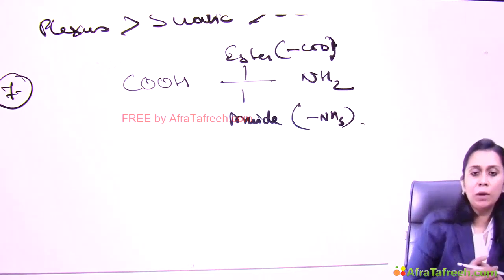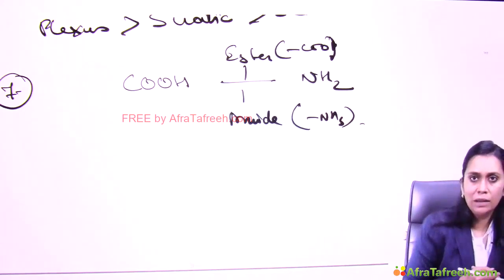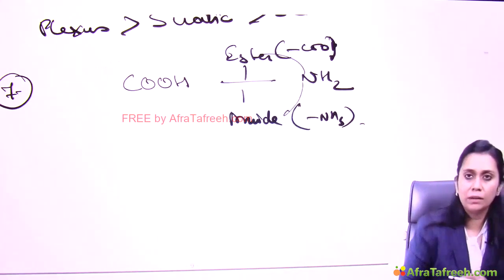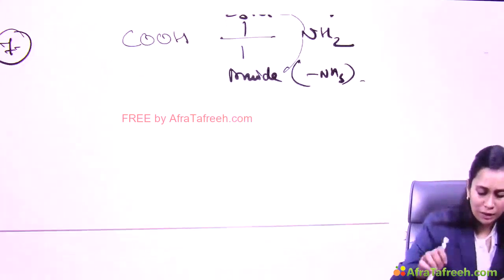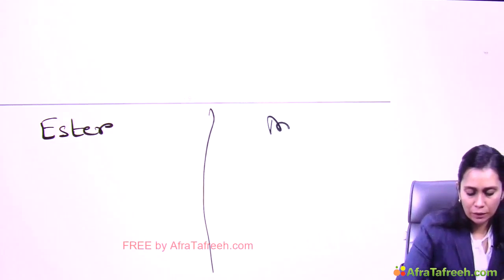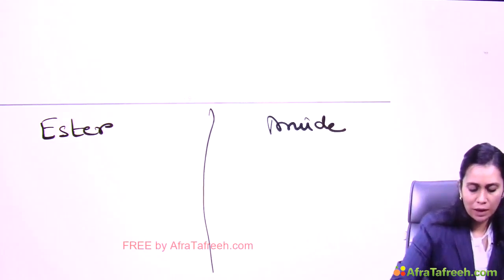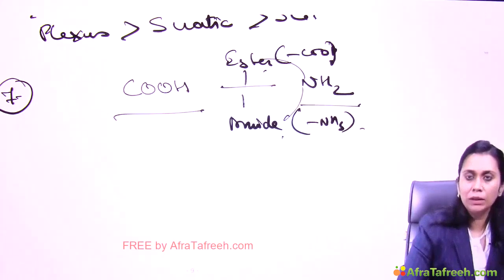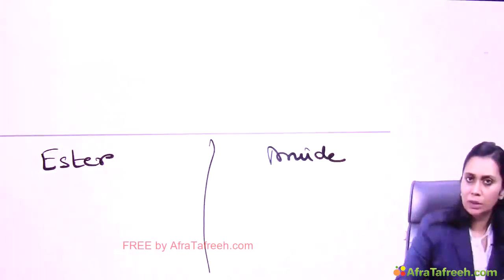So depending upon this, the local anesthetic is divided into two groups: ester and amide. What bond attaches the aromatic group to the amino group, either ester or amide. Depending upon it, it is divided into two groups.